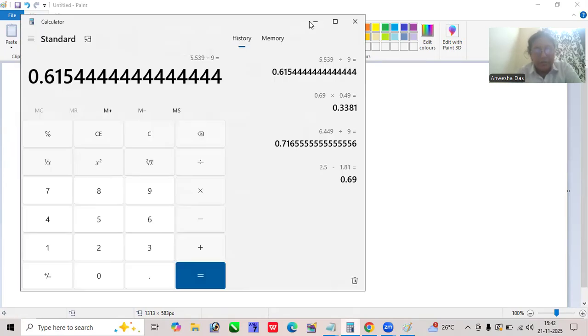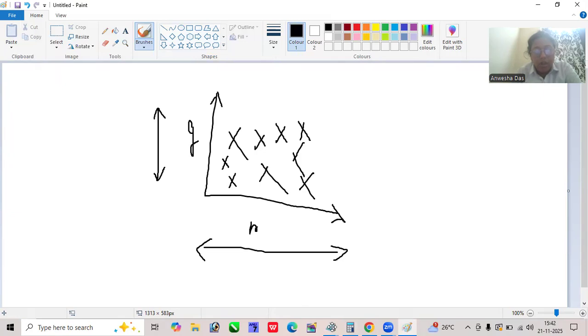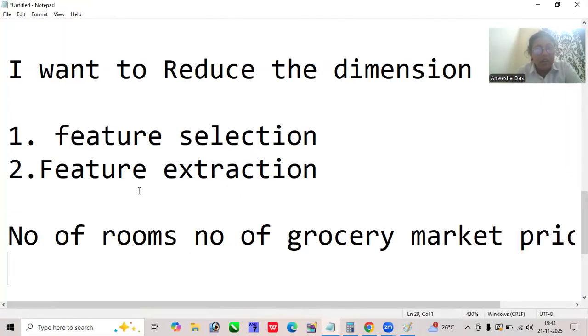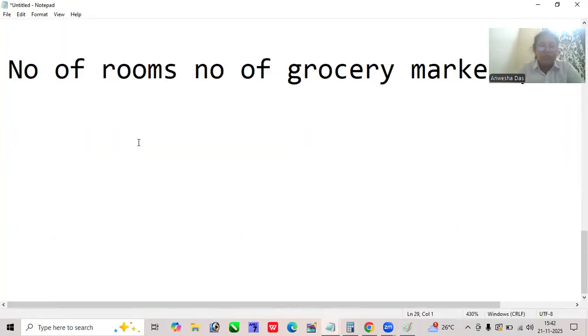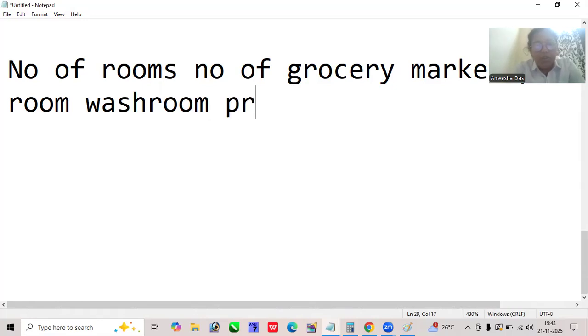In this case we can easily understand. But now, instead of room and grocery market, you have room and washroom, and based on that you want to predict the house price.